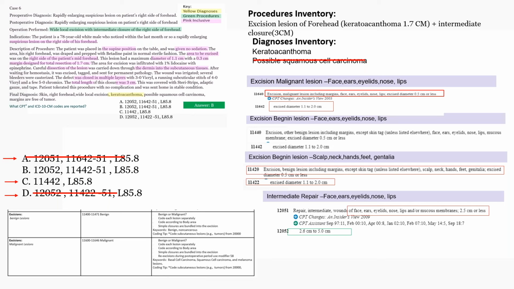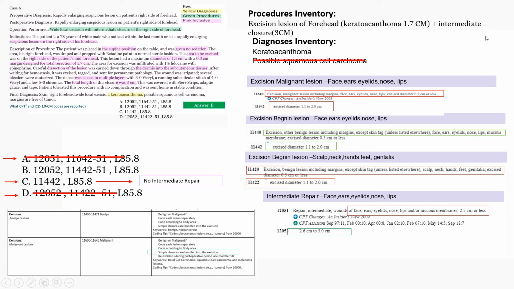Now let's have a look into option C, why it is wrong. 11442 is coding for excision of lesions of face, ears, eyelids, nose, lips, and the size will be 1.1 to 2 centimeter. And this one is also correct, but there is a problem with option C, that is, it is not coding for an intermediate repair.